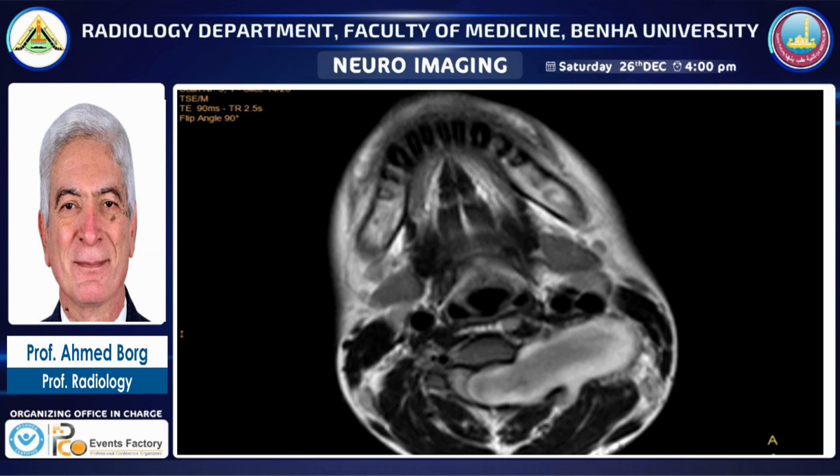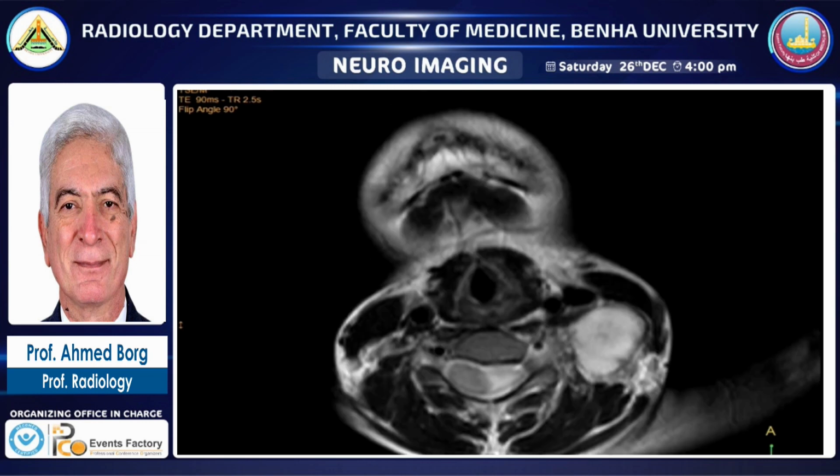You can see here, this is T1 post contrast image. This one is less enhanced than the other. This is because of the presence of degeneration, myxomatous degeneration. This is again the CSF cap, and the cord is pushed to the contralateral side.